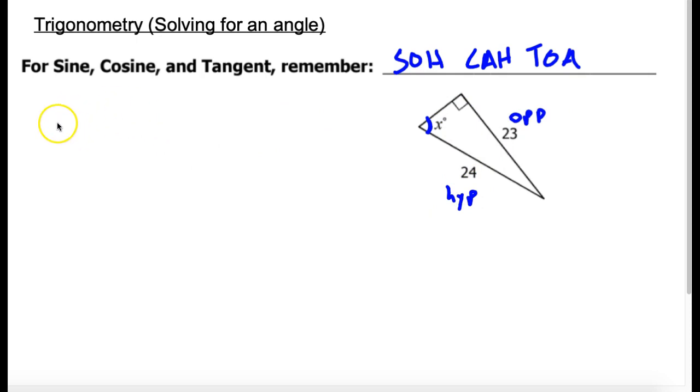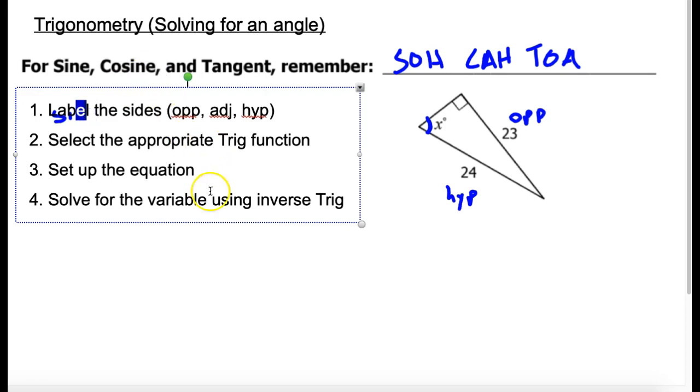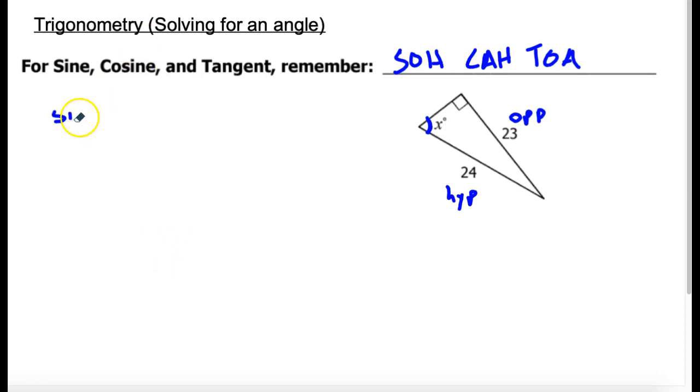So my setup is going to be sine of my angle equals opposite over hypotenuse.